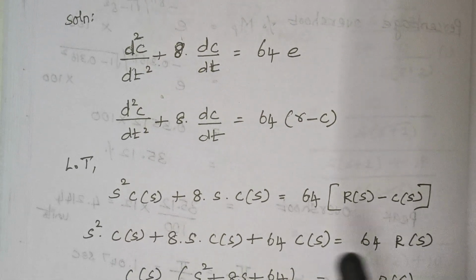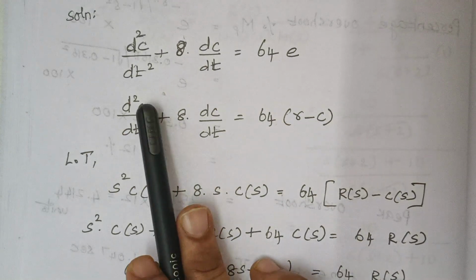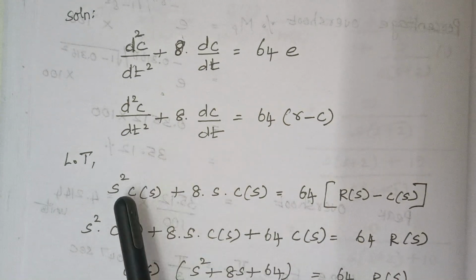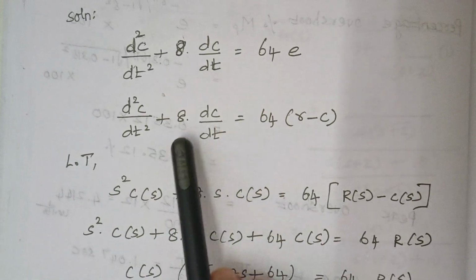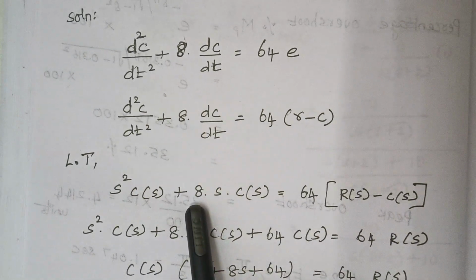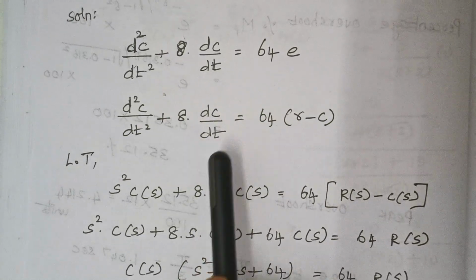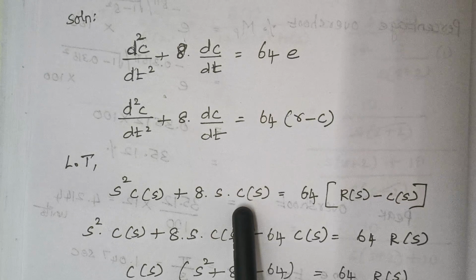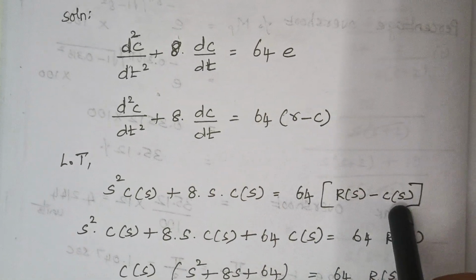So when you apply Laplace transformation to this equation, d square c by dt square will get modified as s square into C of S plus this 8, here the same 8, dc by dt, when you take Laplace transform, we can write it as s into C of S, which is equal to again 64 into R of S minus C of S.